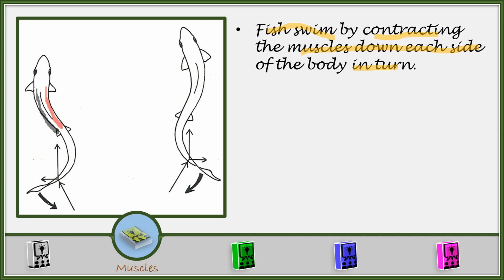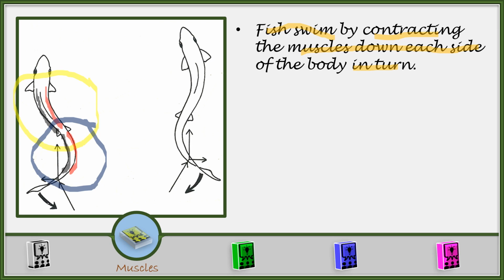So when you look at them, here it is showing that the red muscle is contracting and the black muscle is relaxing. Whereas if you continue this side, you will see that now the black muscle is contracting and the red muscle is relaxing.